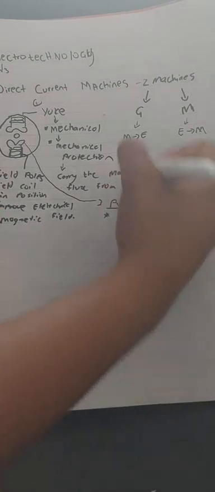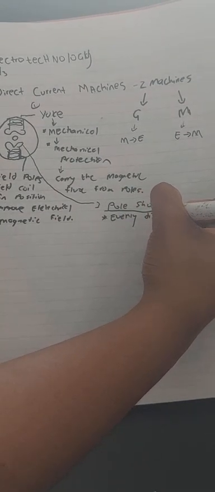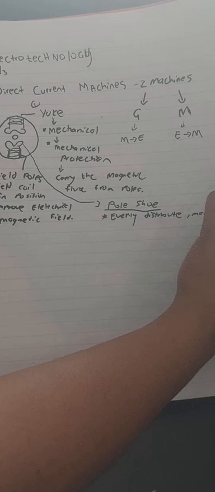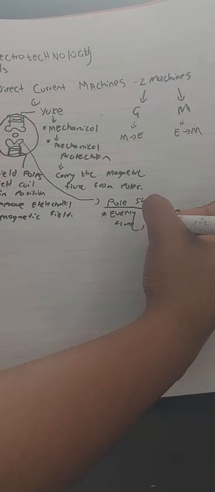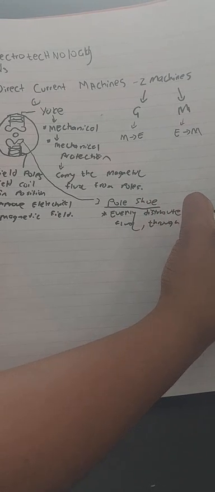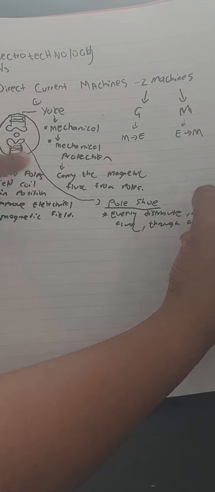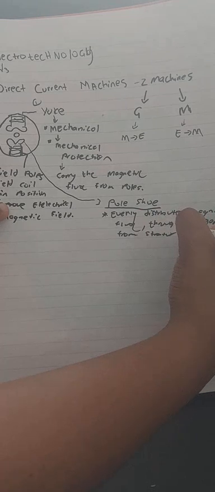The pole shoe only has one function, and that is to evenly distribute the magnetic flux through the air gap from stator to rotor.